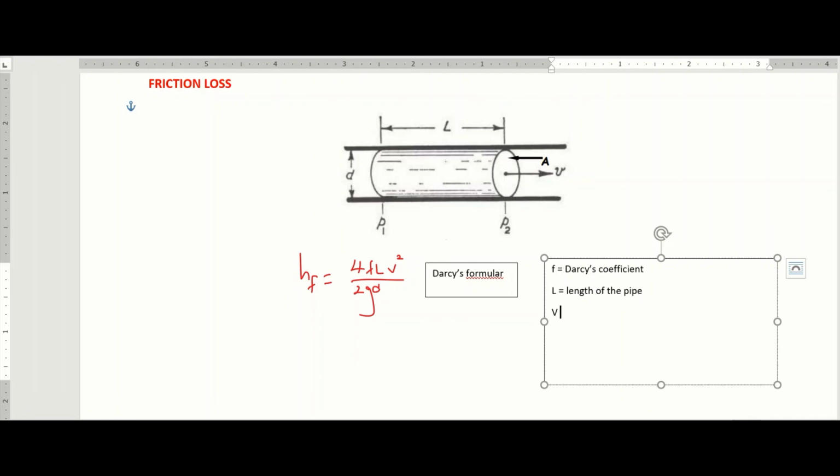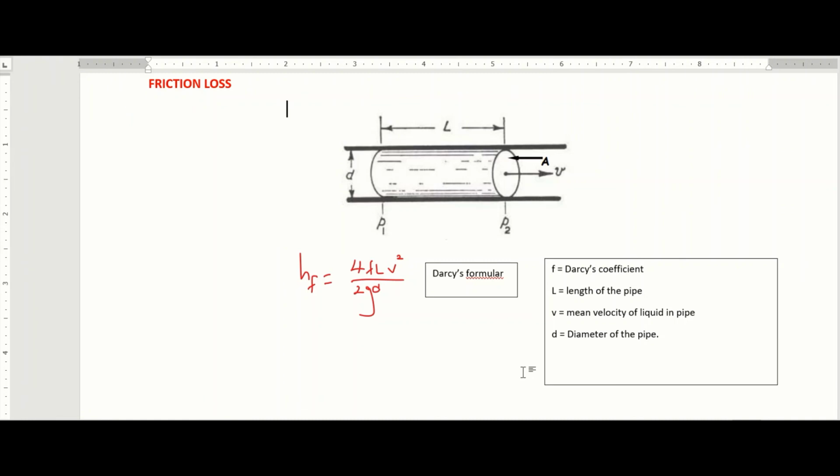The V is the mean velocity of liquid in pipe, while the D is the diameter of the pipe. So with this, we can solve for the head loss due to friction. Remember again that friction loss is a major energy loss in pipeline.